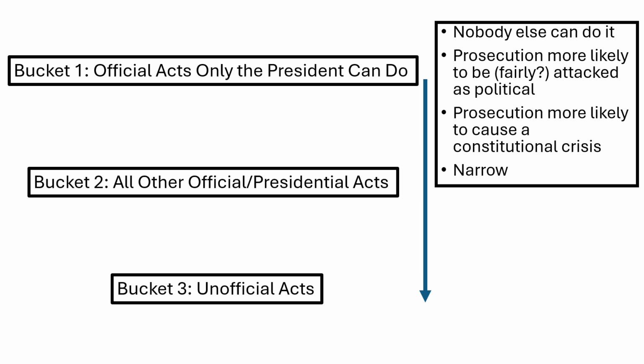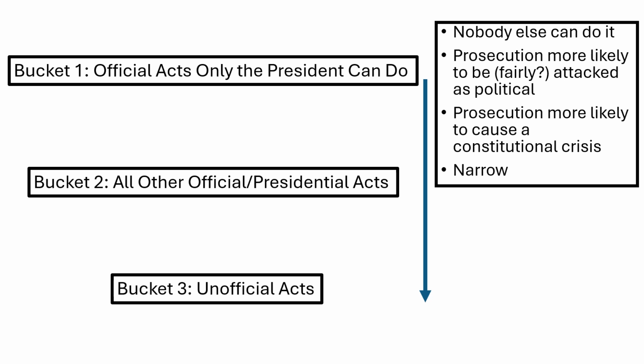So bucket one is duties we don't want to interfere with, because if they need to happen, they need to happen, and we don't want to give people levers to prevent the president from doing what's necessary, or what only the president can do, even if it's not strict necessity. That's a political issue.